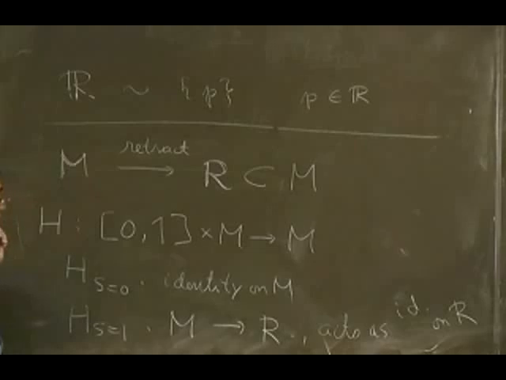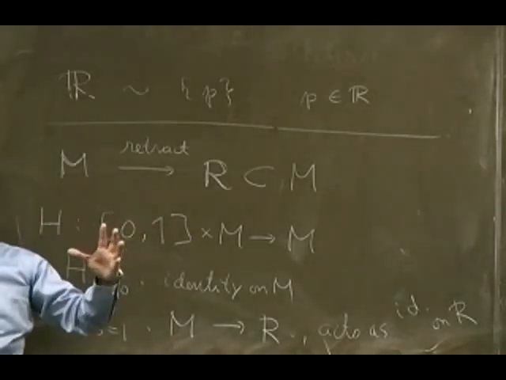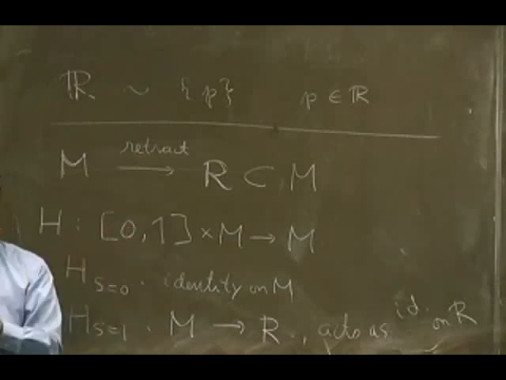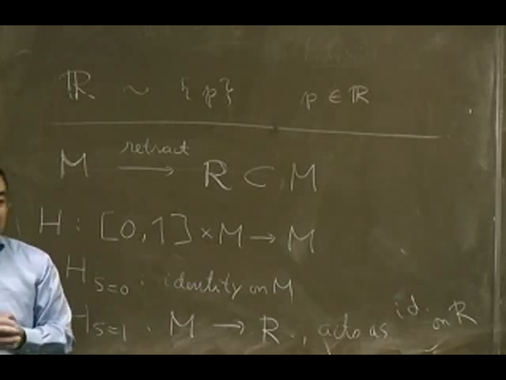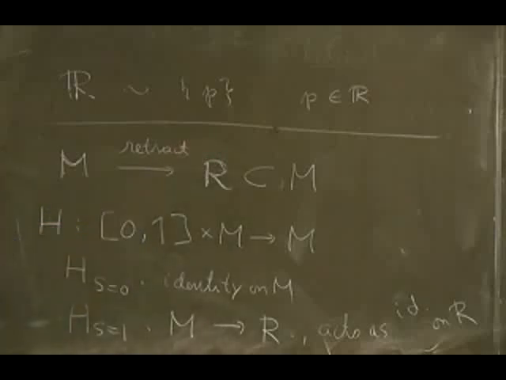So in particular, when you have a topological space and you can deformation retract that space to a particular point, then such a space is called contractible. So R is an example of a contractible space. To take another example, suppose you have a two-dimensional disk.